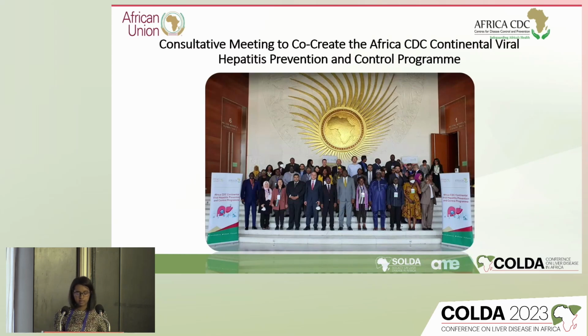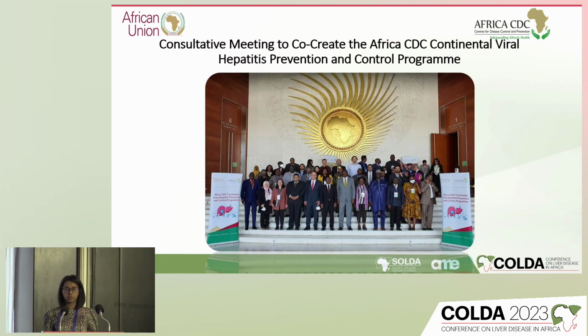So Africa CDC convened a consultative meeting to co-create this Continental Viral Hepatitis Prevention and Control Program, and the meeting brought together hepatitis focal points from 25 different member states, as well as representatives from partner organizations such as the WHO, WHA, CGHE, research and implementing partners, as well as civil society organizations.